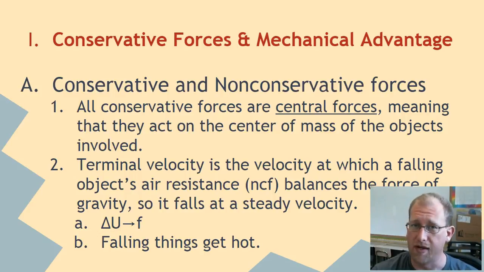And at that point, it's no longer a conservative system because the object is still losing potential energy, right? It's not as high as it used to be, and it's going to get lower. So it's losing potential energy because of gravity, but it's not gaining any more kinetic energy because it's not speeding up. So where is the loss of energy going?